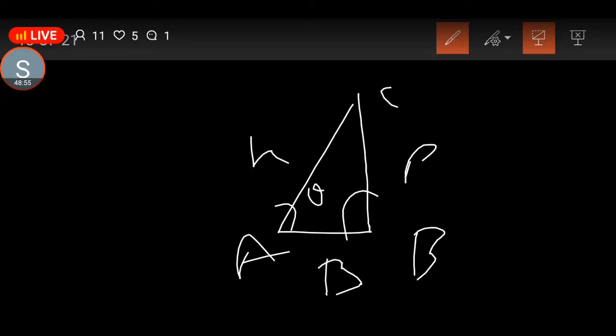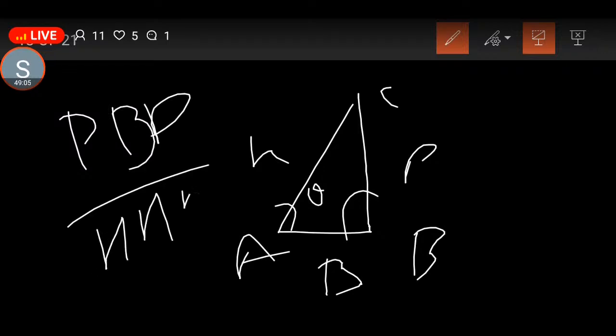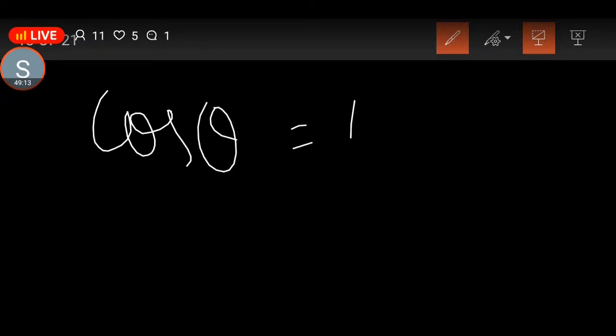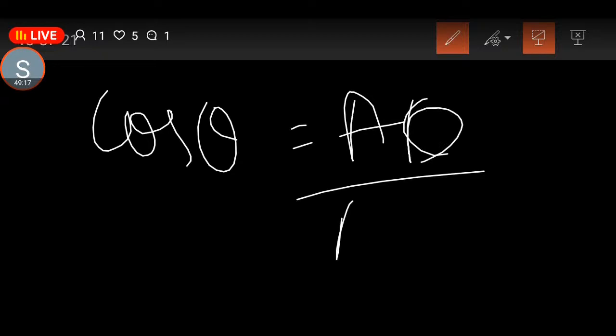If you forget again, write it again here itself. This is H, B by H, B is AD. So we write cos theta is equal to AD by AC.